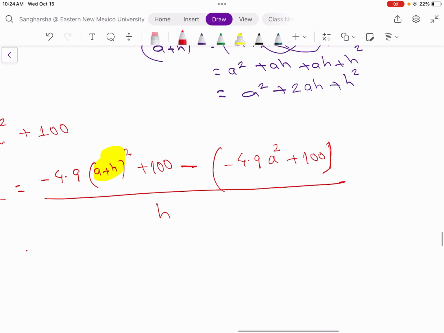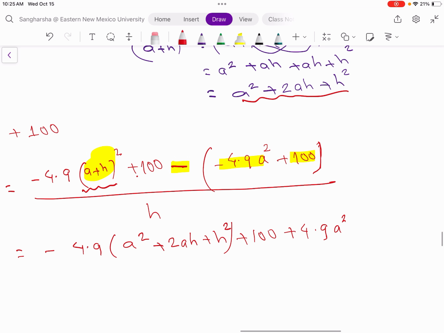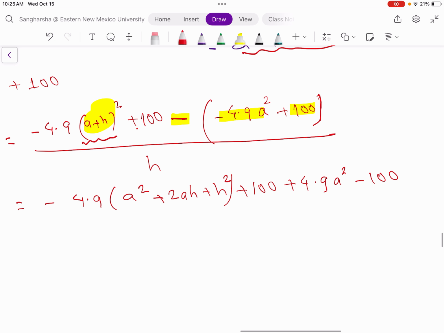Here we have negative 4.9 as it is, times a squared plus 2ah plus h squared, plus 100, minus, now let's distribute this negative for each term. Negative times negative 4.9a squared is positive 4.9a squared. Then we have negative 100, divided by h.